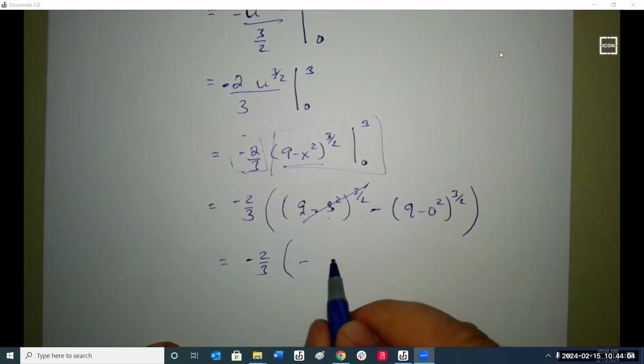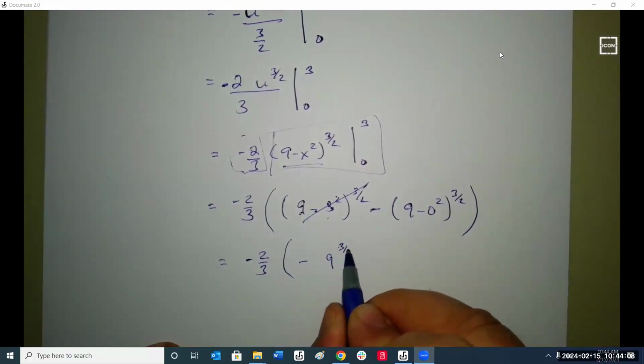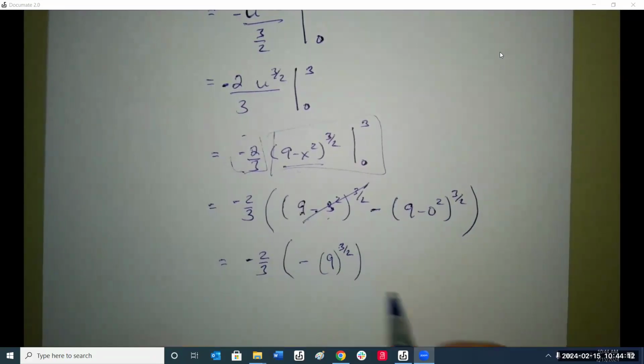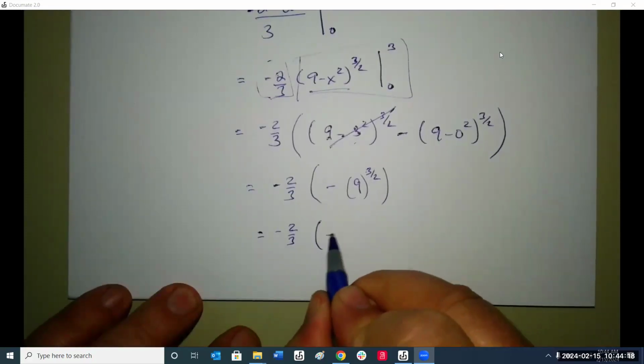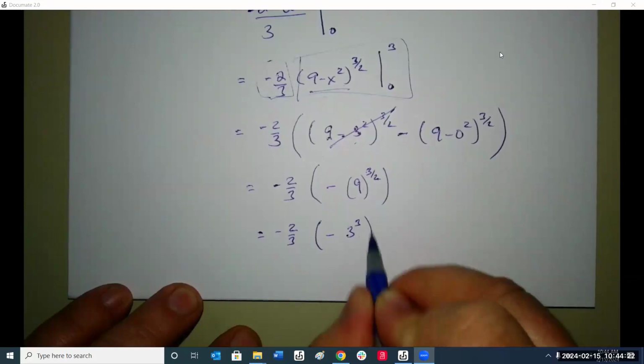Negative 9 to the power 3 halves, which is equal to negative 2/3. Square root of 9 is 3, cubed.